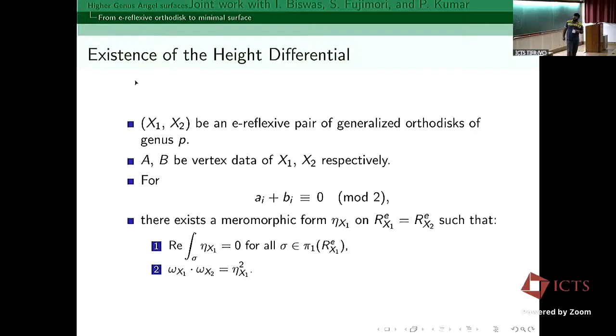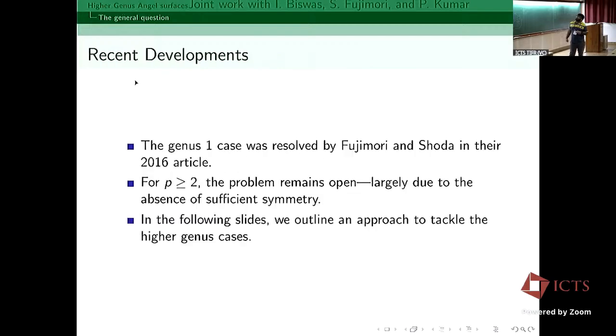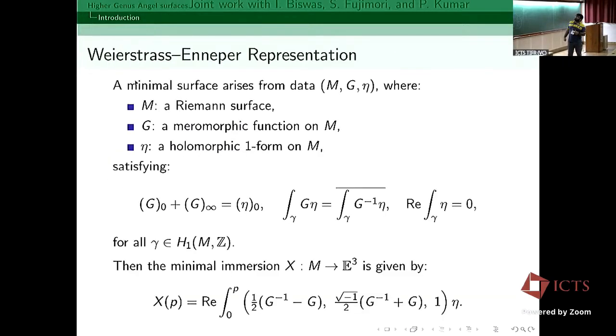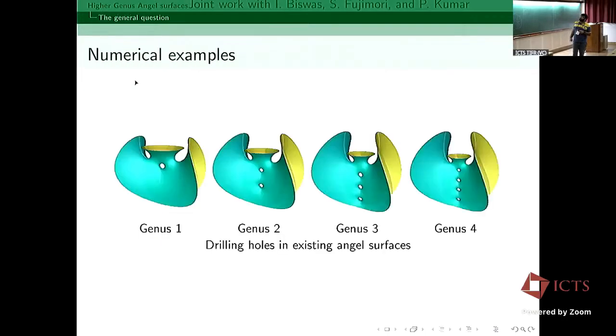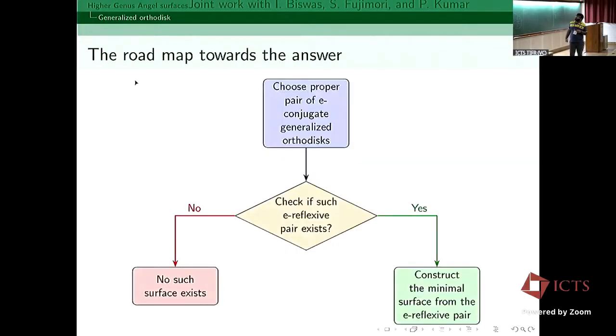And from the conjugacy condition, this condition is automatically satisfied. So yes, when we have an E-reflexive pair, then basically we can solve the period problem.